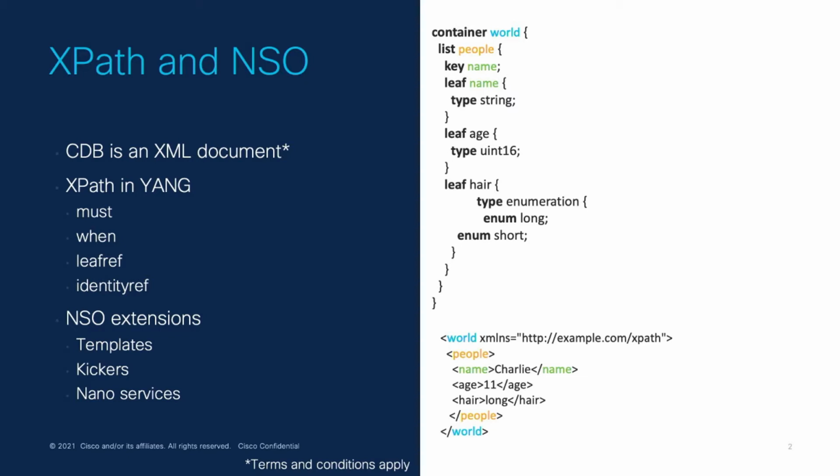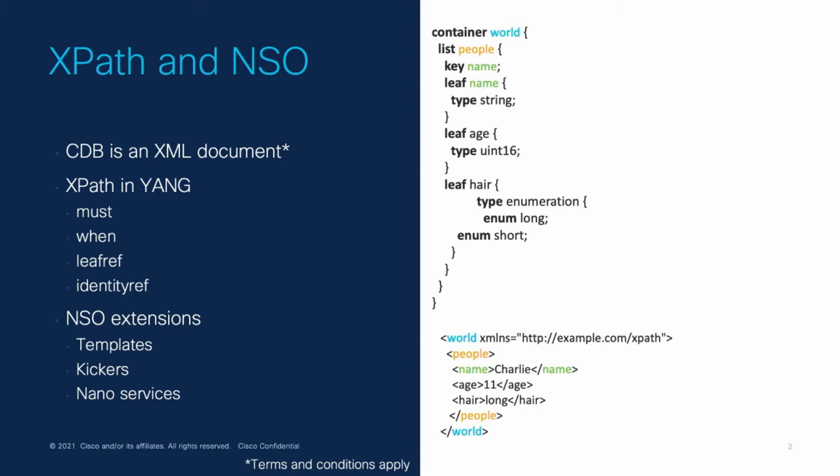And we use XPath in a number of different NSO extensions. We use it in templates to populate the values you want to put into your device. We use it in templates to control the flow for if statements and for loops. We use it in kickers to react to database changes.